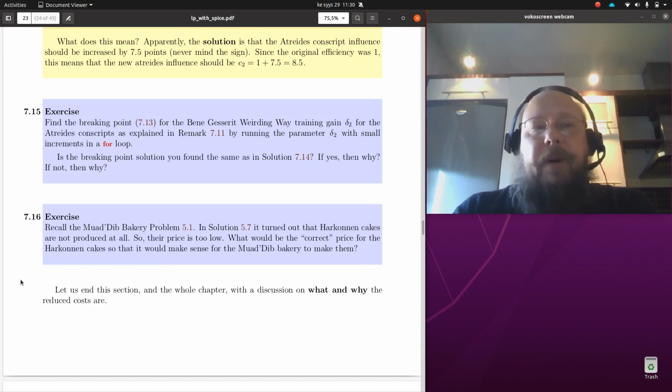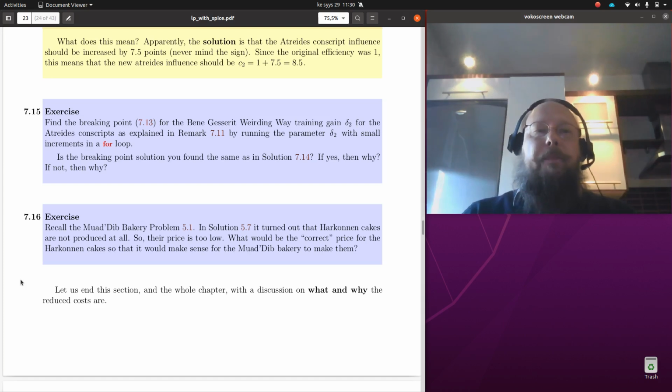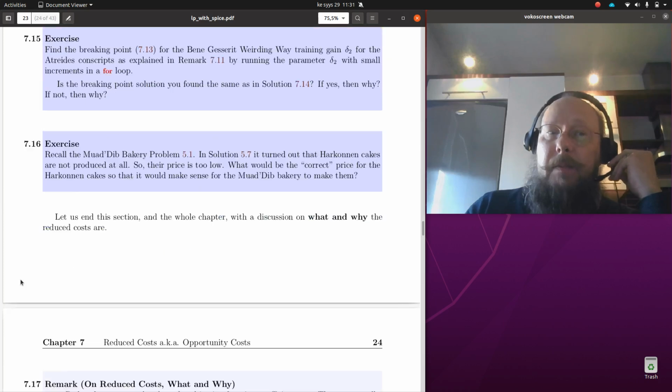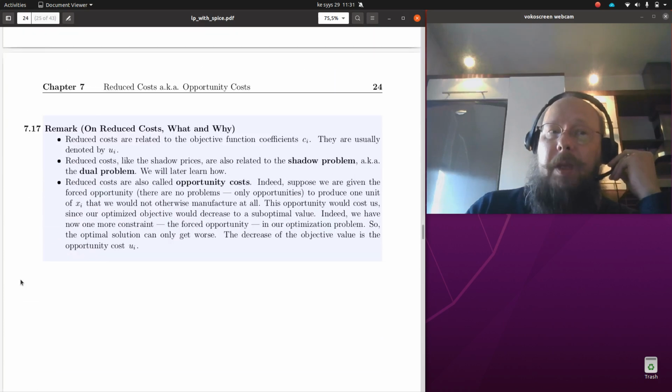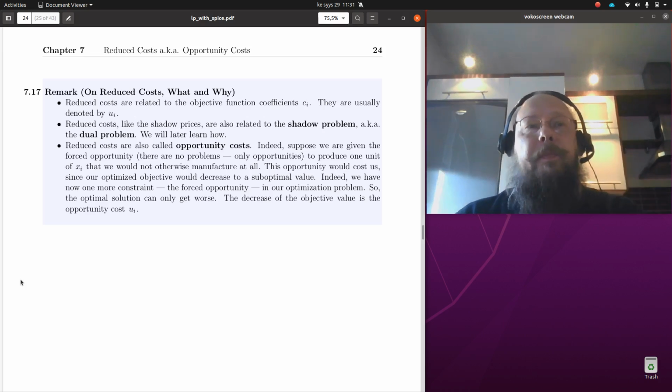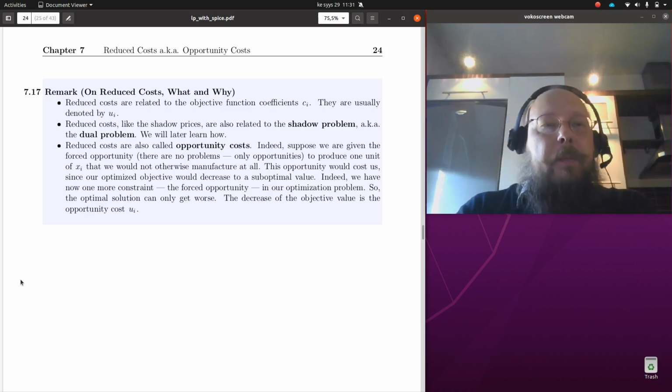Alright, then finally let us end this section and the whole chapter with a similar what and why for the reduced costs as we had previously for the shadow prices. So here it is, a relatively short remark where we just recall things. And yes, there is a new point also, the last point.